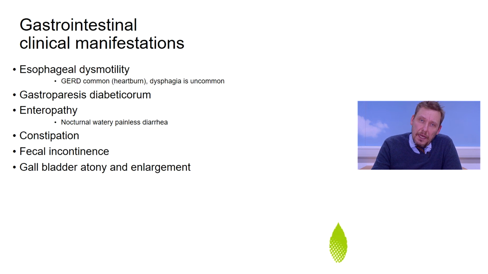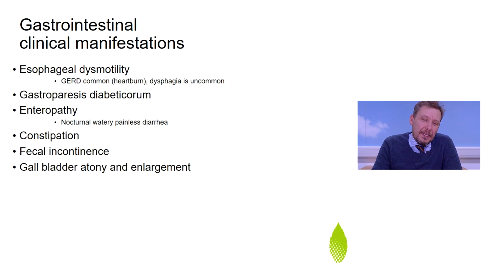This is, of course, a condition which is commonly associated with impaired vagal function, whereby there is a reduction in the ability of efficient transit through the stomach in people with diabetes, resulting in symptoms which can include early satiety, fullness, bloating, all the way through to quite intractable vomiting and problems with the upper GI system.